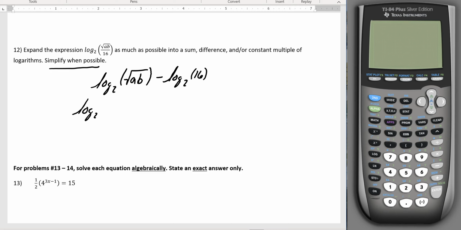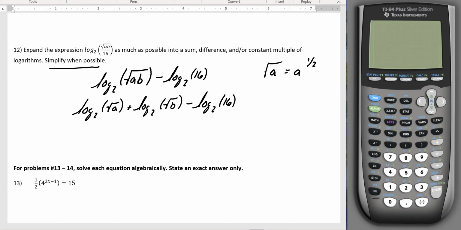So log base 2 square root of a plus log base 2 square root of b minus log base 2 of 16. Now remember, taking the square root is the same as taking it to the 1/2 power. So that 1/2 needs to come in front of the logarithm. Or we can divide it by 2 is another way of writing it.